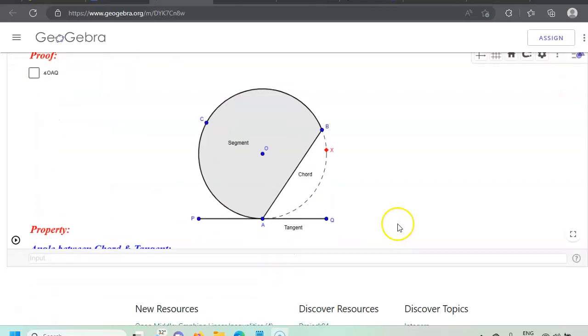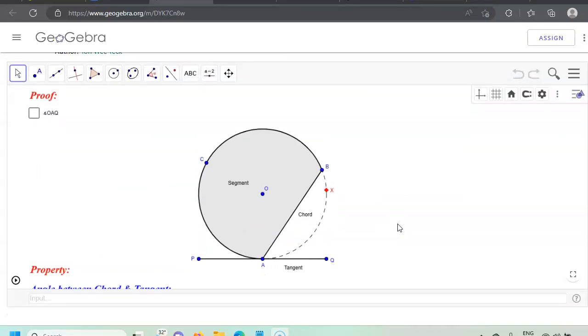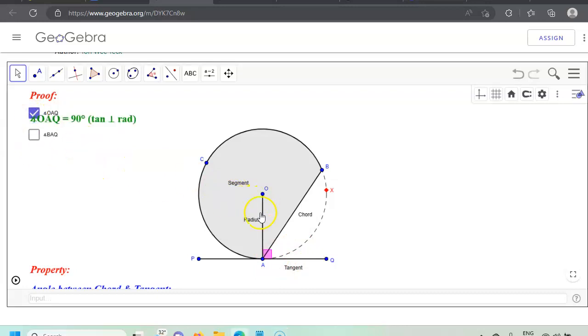So let's appreciate this GeoGebra build thanks to 2We Tech. Okay, so we have the alternate segment, and then we have here the angle BAQ, which is the angle formed between the chord and the tangent line. So what is OAQ?